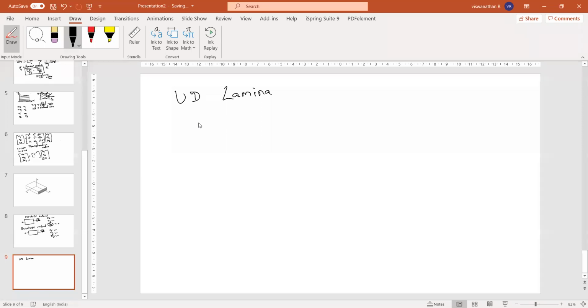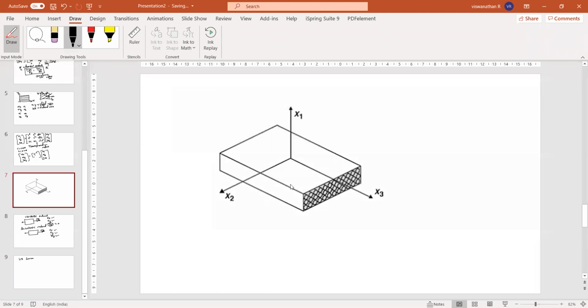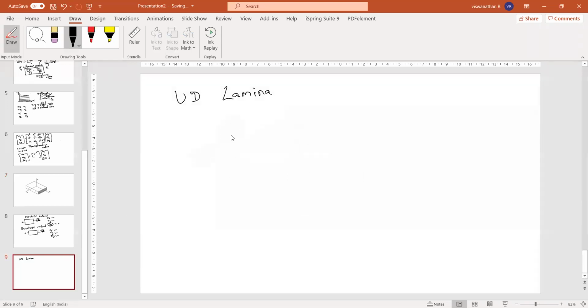So can it be considered as orthotropic? Yes. If you have fibers along this direction, and three mutually perpendicular planes, then at this point and this point the properties are the same, along this direction. The other plane also has the same thing, and the third plane also the same thing. So that way you can consider it as an orthotropic material.